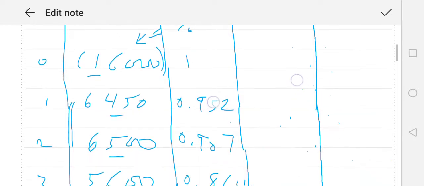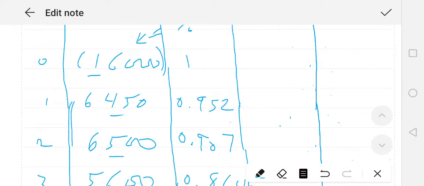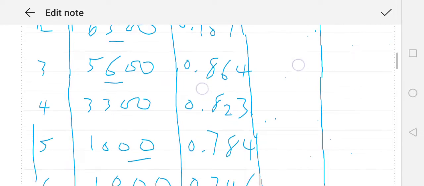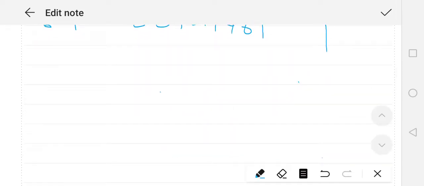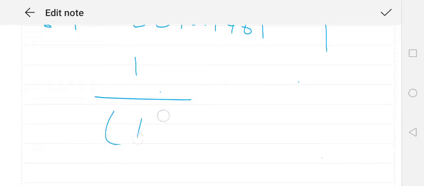To get the discount factor, you put the 5% in the present value discount factor formula. We have 1 over 1 plus r raised to the power n, where n is the number of periods.